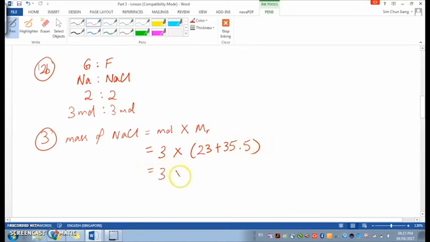And this gives me 3 times 58.5, which gives me the mass of 175.5 grams. And that's how we find our final answer.